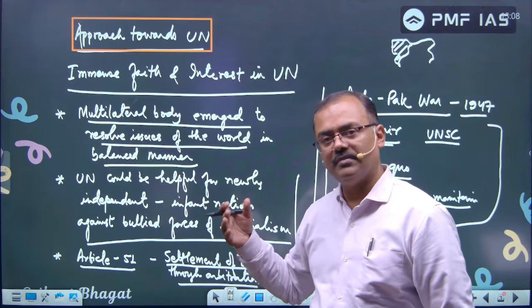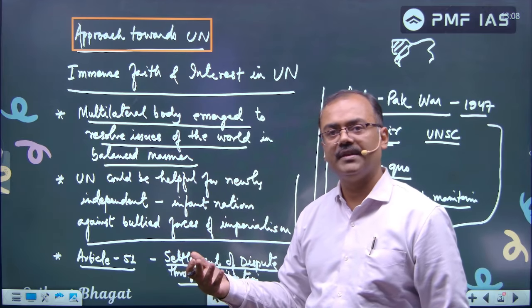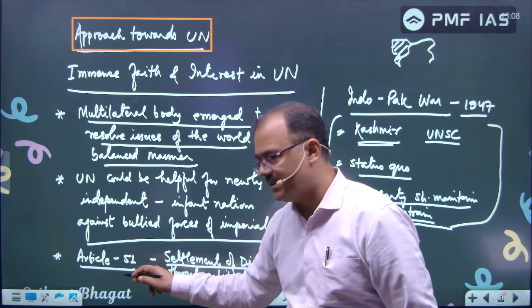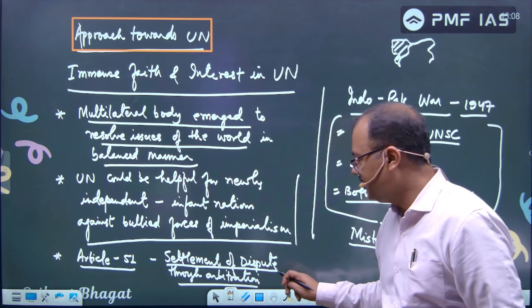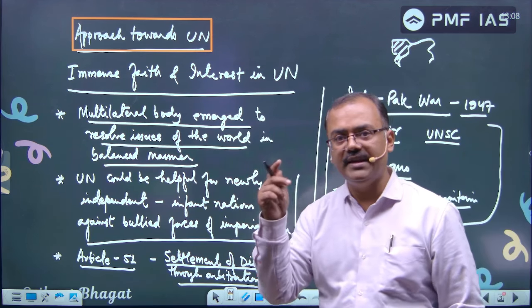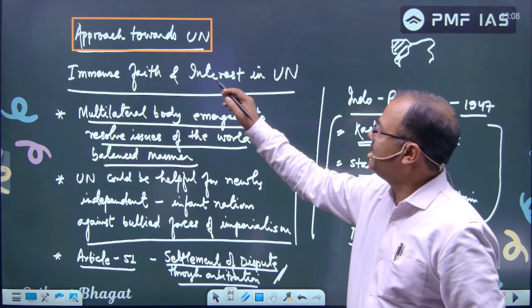So his faith in the constitution was very logical. And in the constitution, the DPSP mentions Article 51. In Article 51, the settlement of disputes through arbitration has been mentioned. Nehru could not deviate in principle against this particular idea. Therefore, he preferred the UN.